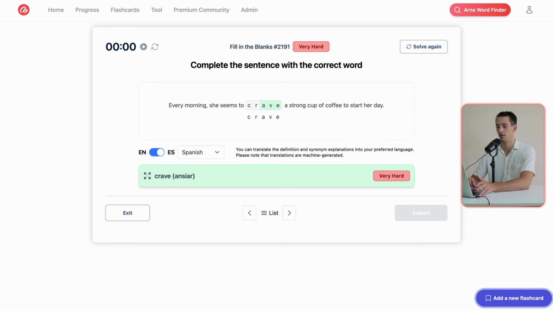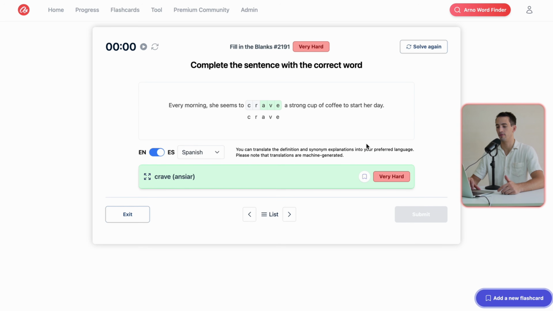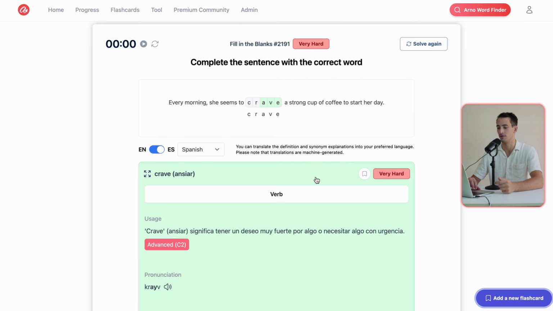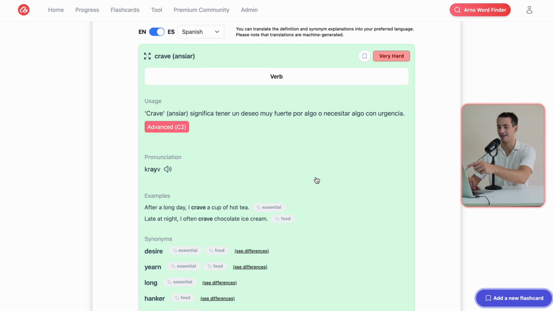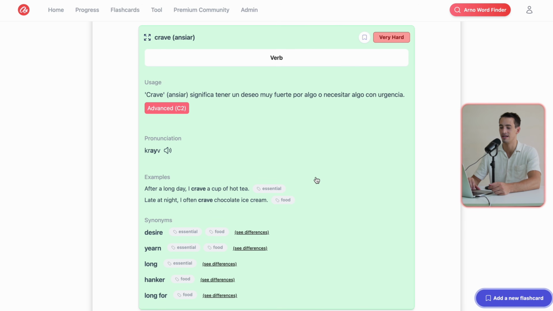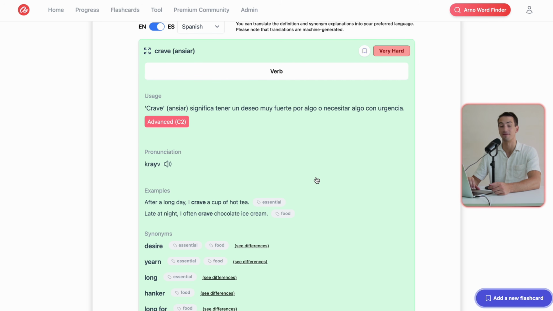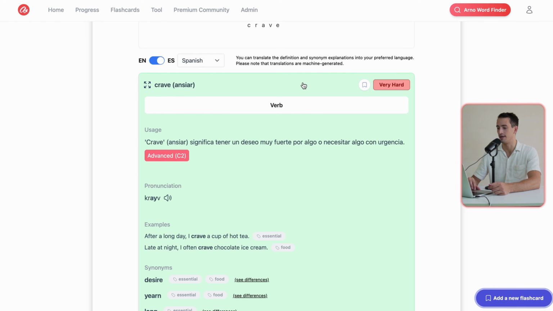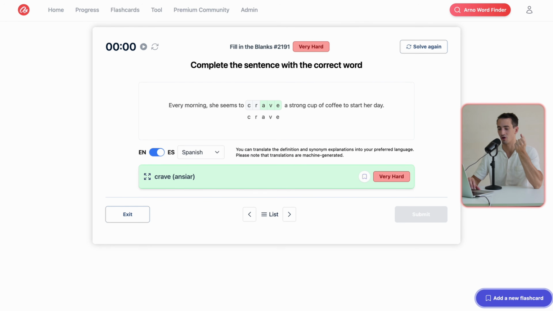Crave. So crave means to want something very strongly. So in case you want to know the meaning, I should have pointed this out before. Just click on this and we'll give you the examples and we'll give you synonyms and definitions as well. So crave, again, means to want something very strongly.